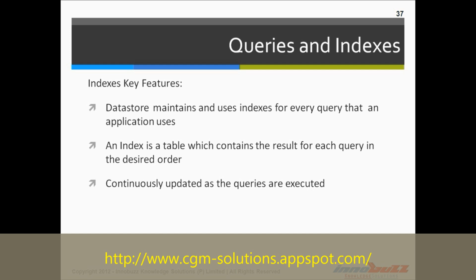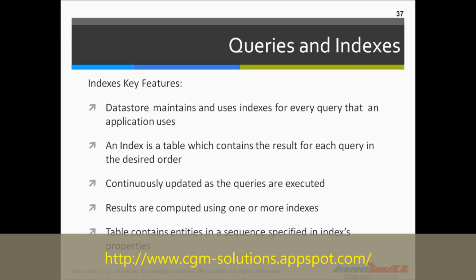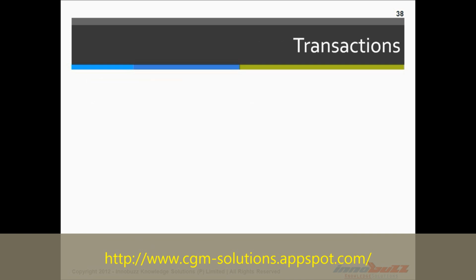And also the queries are performed based on the indexes, and the results are computed using one or more indexes. The table contains entities in a sequence specified in the index properties. These are the key features of indexes.